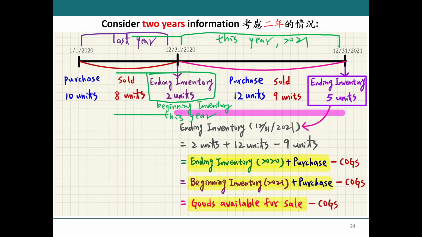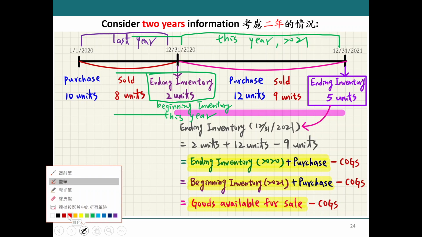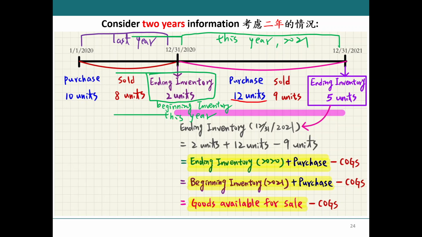But you know 2 units is not enough. So this year you decide to buy 12 units more. This 12 units more is the inventory you purchase. So first day I have 2 units already.